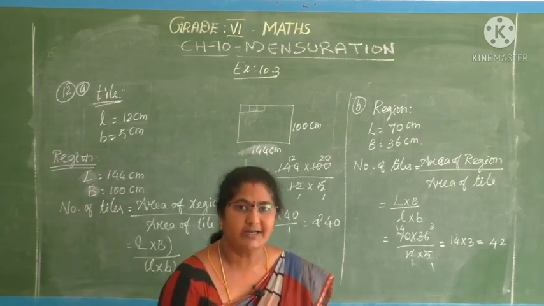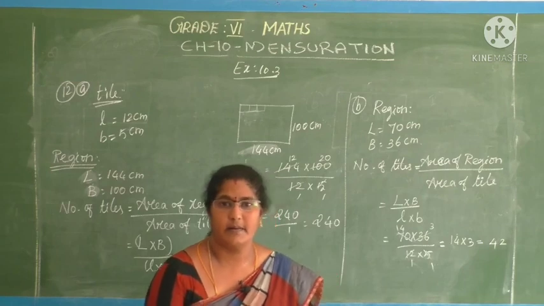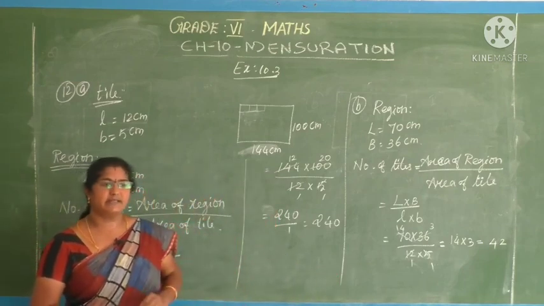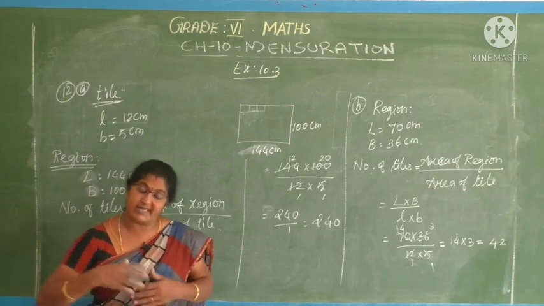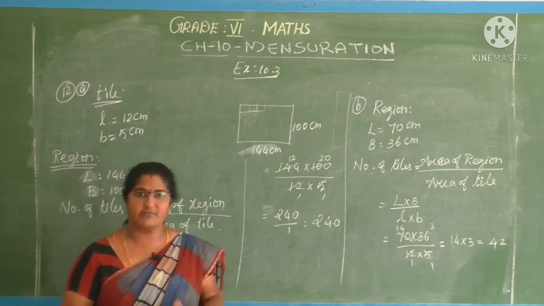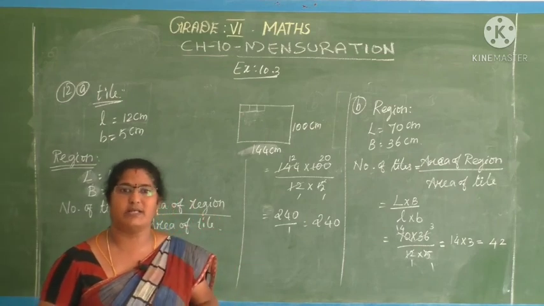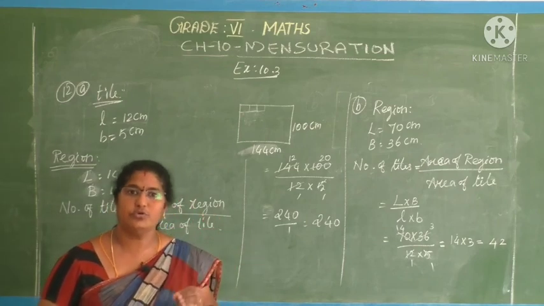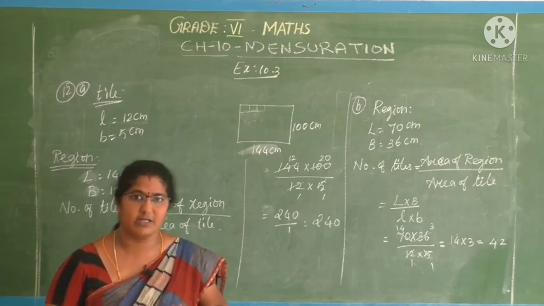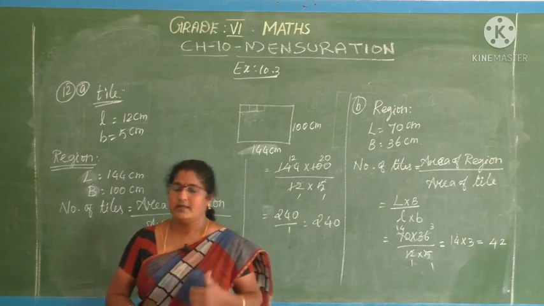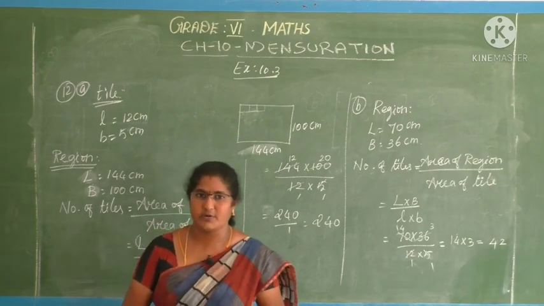Go through, write everything, prepare well. This chapter is very useful for all the higher classes, so don't forget the formula. Do the statement problems very well, then only you will be familiar with this chapter. Do all the problems. Okay, thank you, bye.